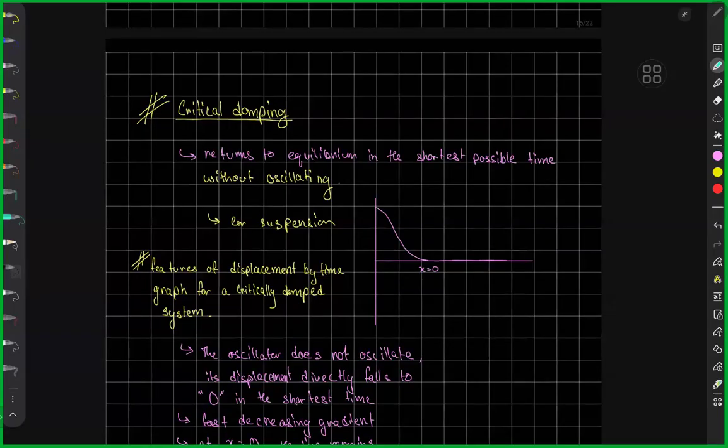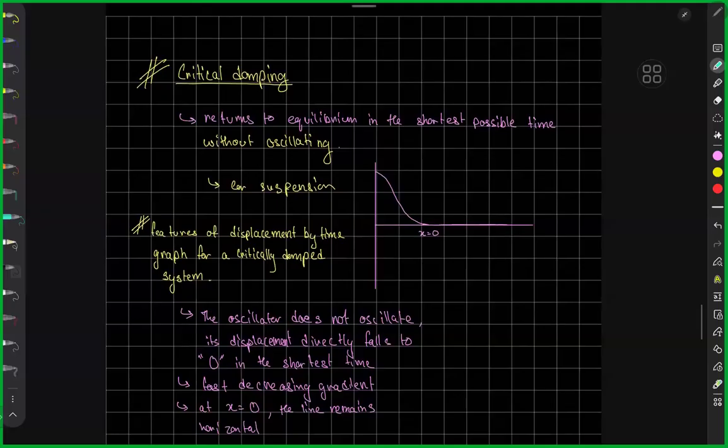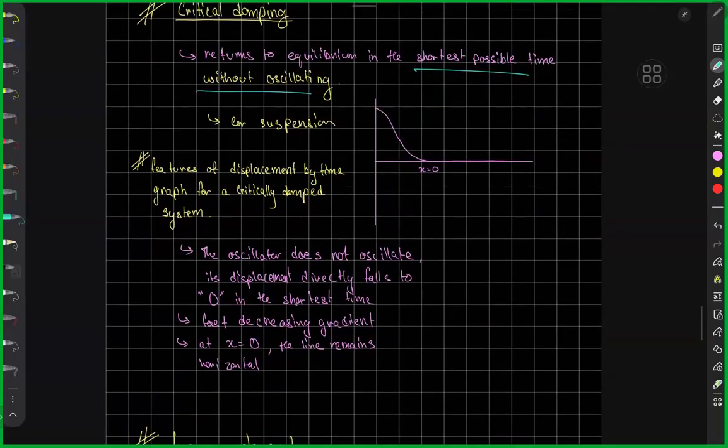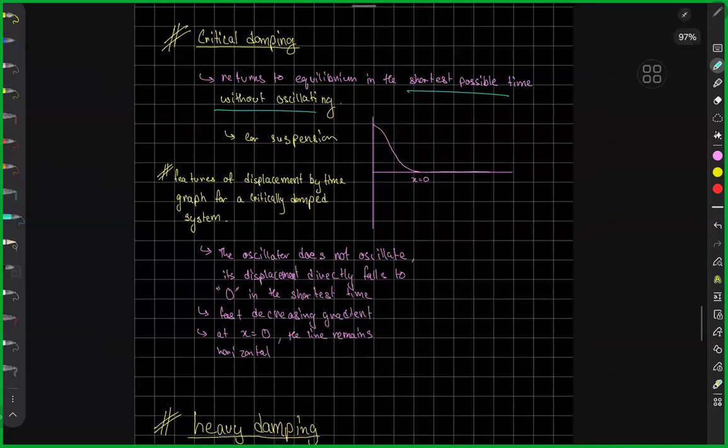Well, oscillation, technically. So now, point is, that is a bit of a deviation, but when you have critical damping, you have the system coming back to the equilibrium in the shortest possible time without oscillating. Without what? Oscillating. Clear? Now, what is the feature? It does not oscillate, it directly falls to zero in the shortest possible time, and it has the fastest decreasing gradient.